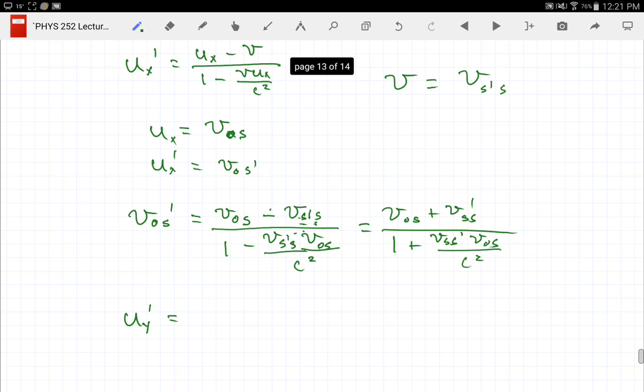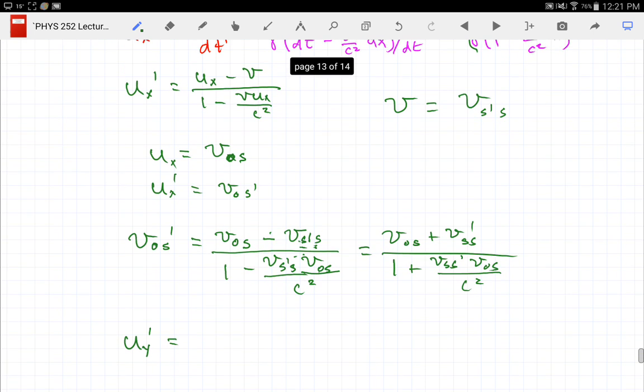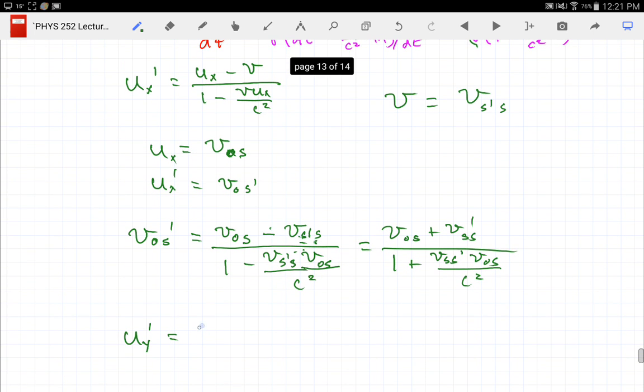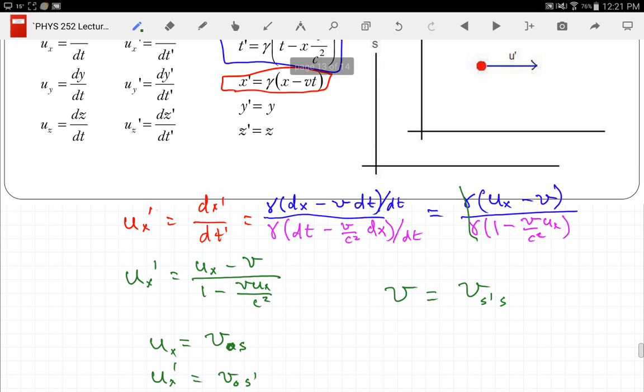So what we have to do here is say it's going to be dy prime over dt prime. Well, dy prime was really simple because y prime equals y.